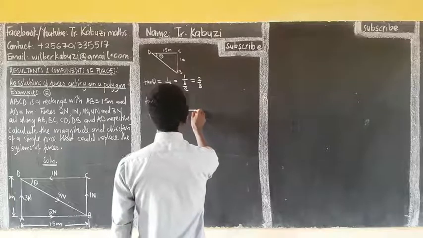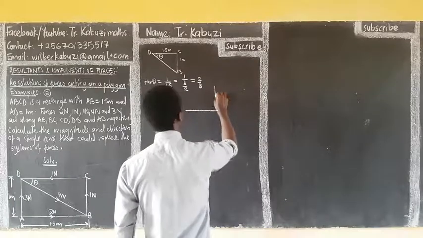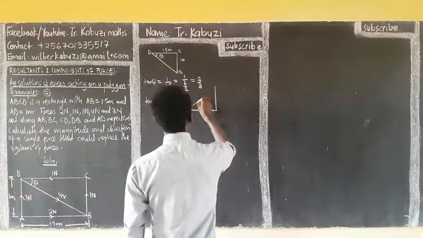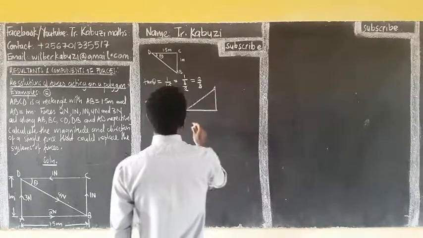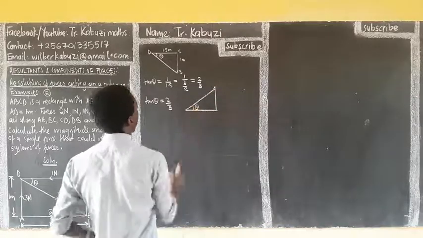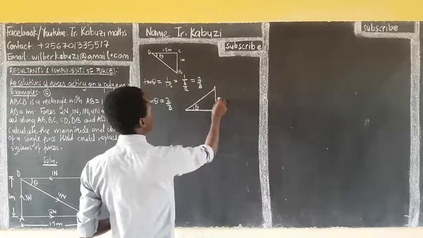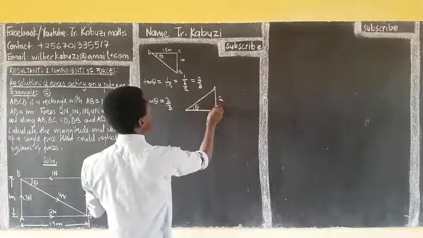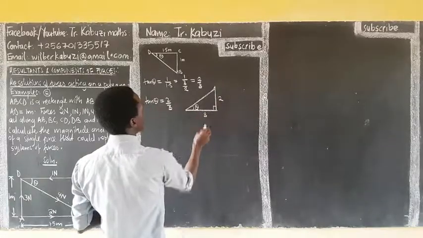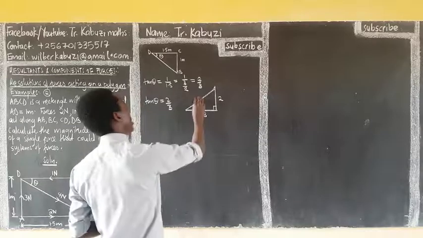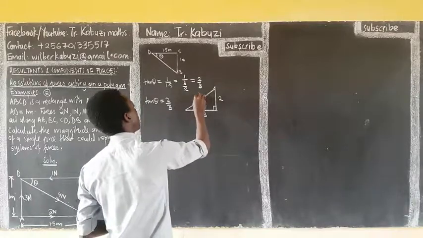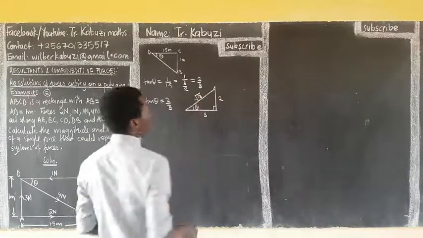Immediately I draw my right-angled triangle, like this. If I have this as theta, this one is going to be the opposite, this one the adjacent. The hypotenuse is going to be the square root of 13. Why?